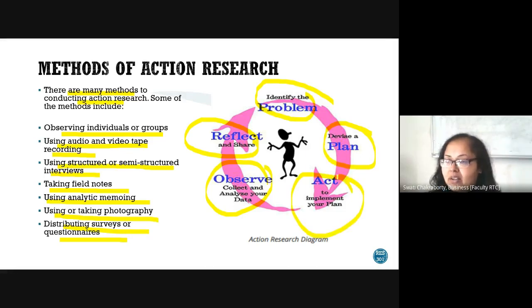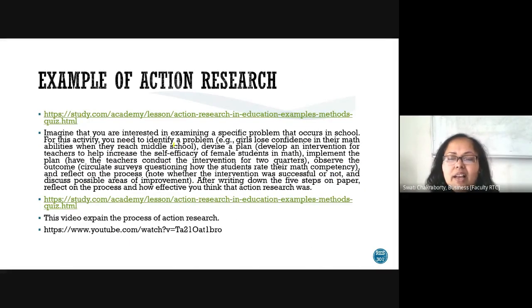Okay. So an example of action research is, imagine that you're interested in examining a specific problem that happens in your school. So for that, you need to identify a problem, for example, girls lose their confidence in their math abilities when they reach middle school.